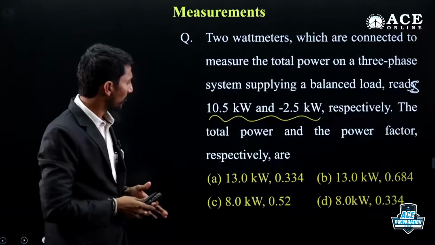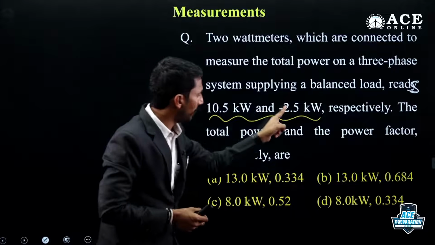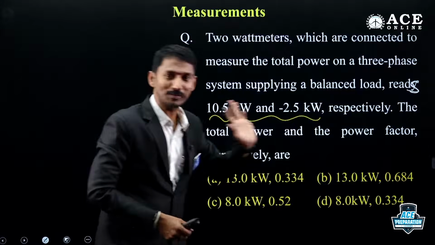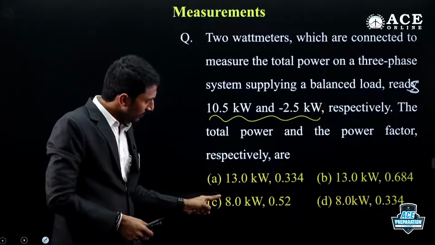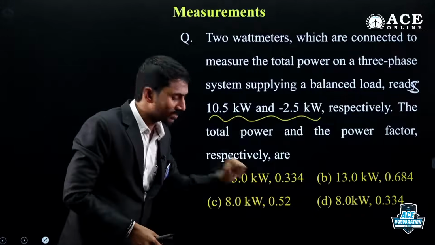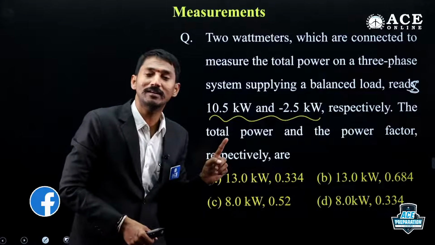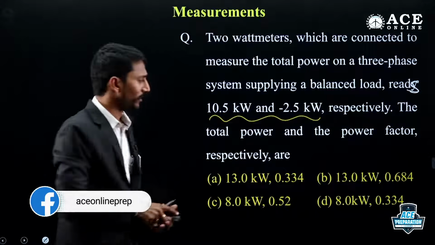Let us see the options. Sir, 10.5 minus 2.5 is 8 kilo, so A option is wrong, B option is wrong. But in the C option, 8 kilo is there, but power factor is 0.52. But our condition is power factor must be less than 0.5.